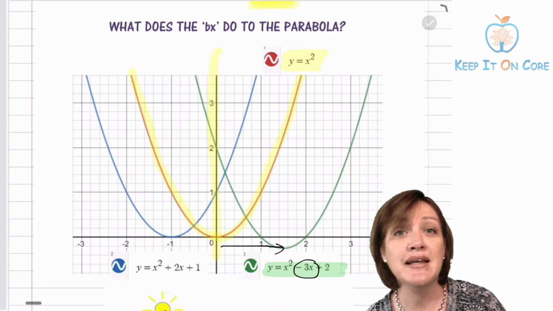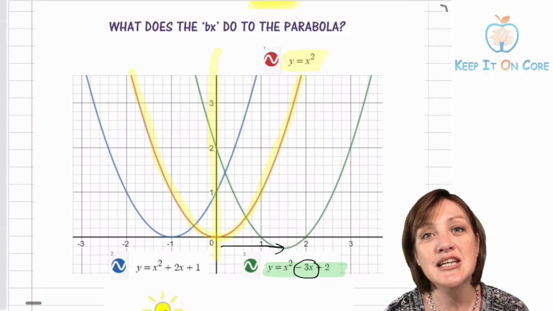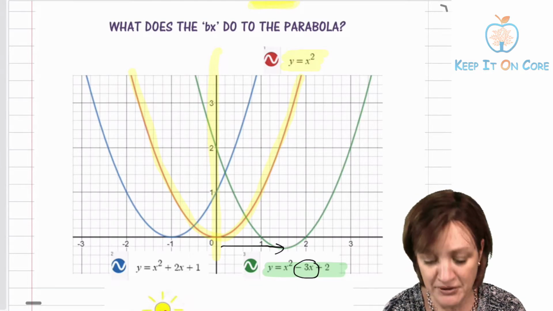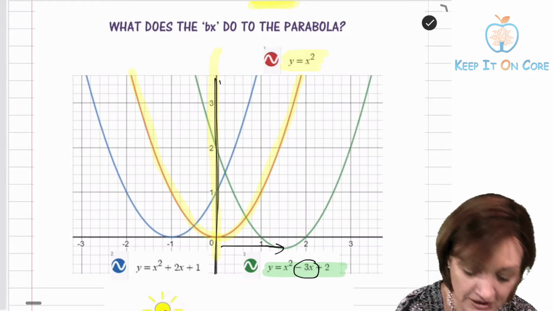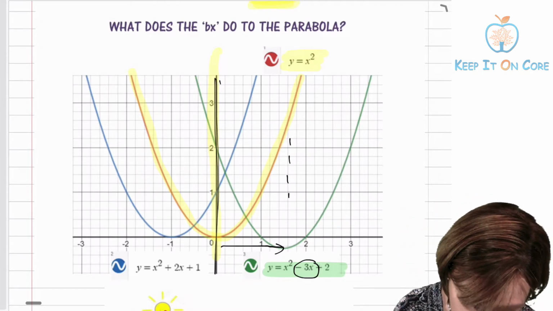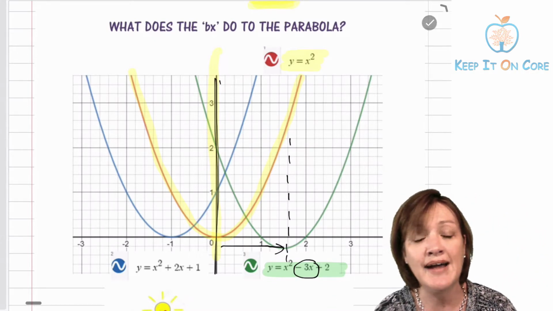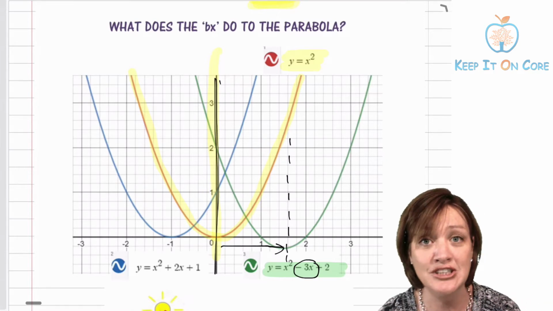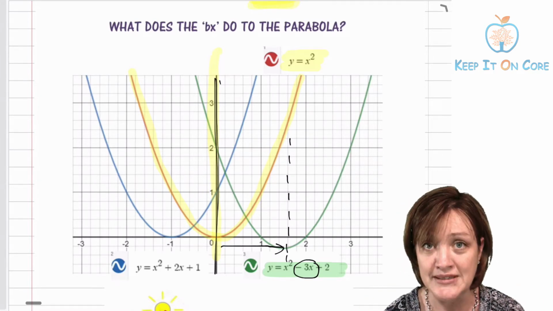There's been a horizontal shift, and the main change is that the graph is no longer symmetrical about the line x equals 0. There now becomes a new axis of symmetry, because by shifting it left or right, the axis of symmetry shifts with it. We're going to discuss that in a bit more detail in a minute.